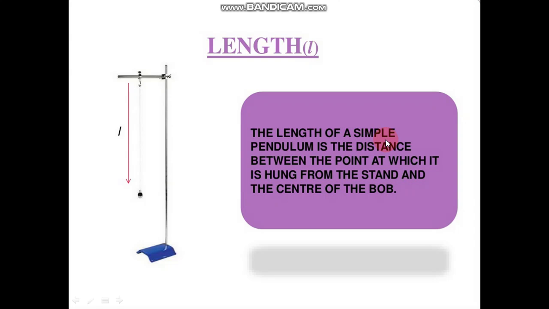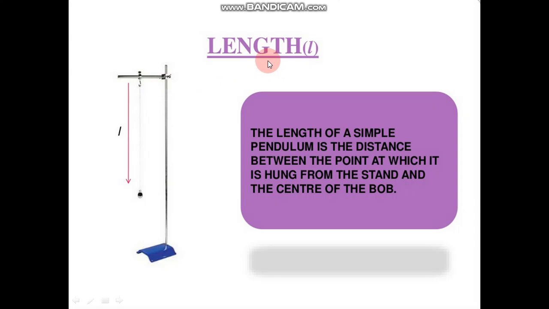The length of a simple pendulum is the distance between the point from which it is hung or suspended and the center of mass of the bob. This is the length of the pendulum.